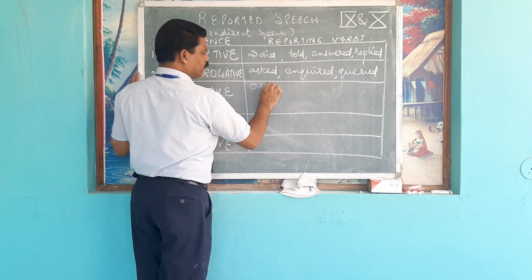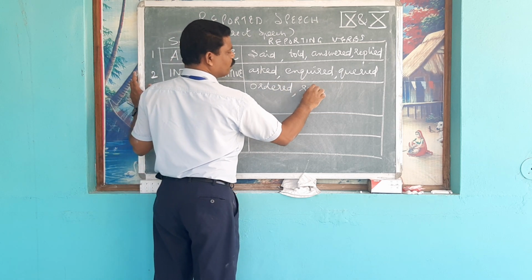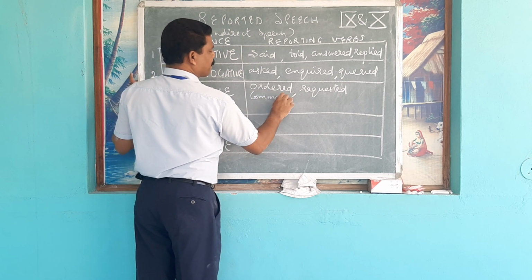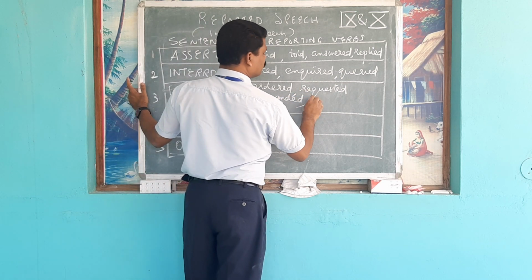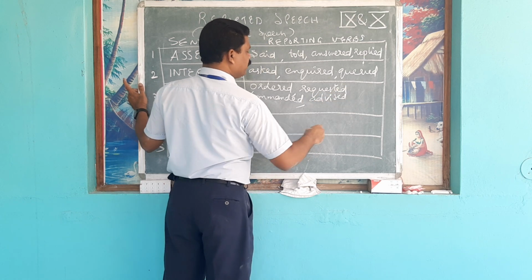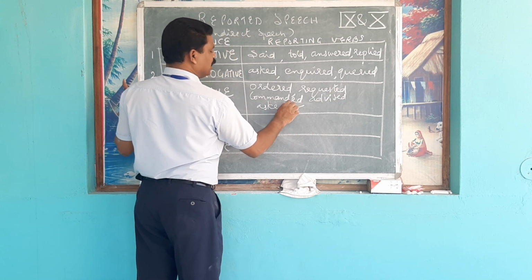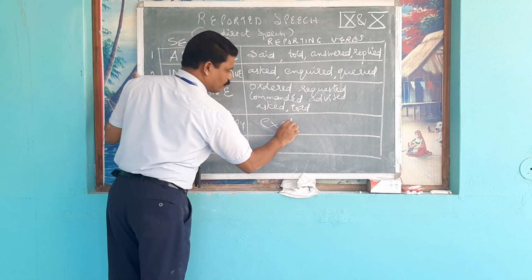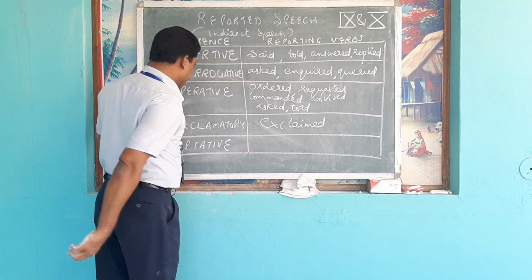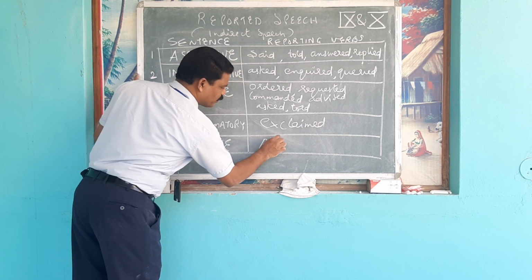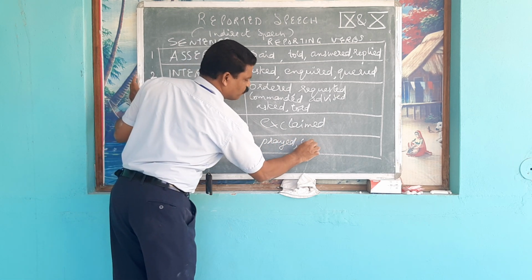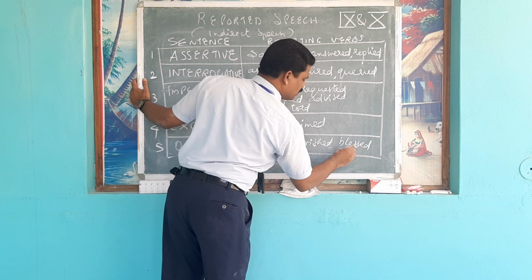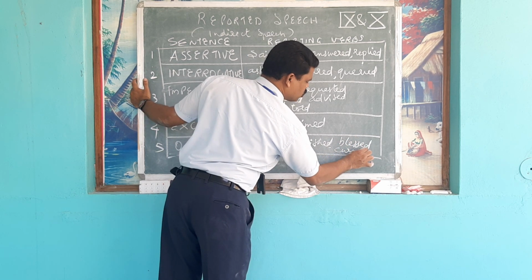Imperative sentence: ordered, requested, commanded, advised, asked, told, etc. Exclamatory sentence: exclaimed. Optative sentence: prayed, wished, blessed, cursed, etc.